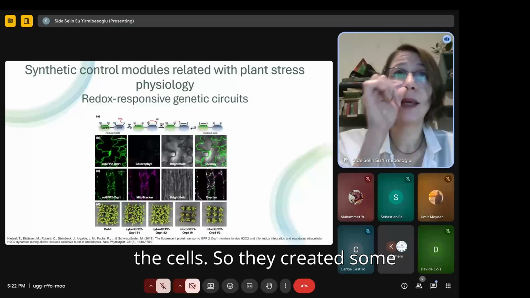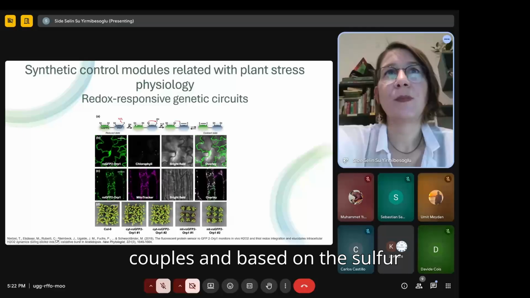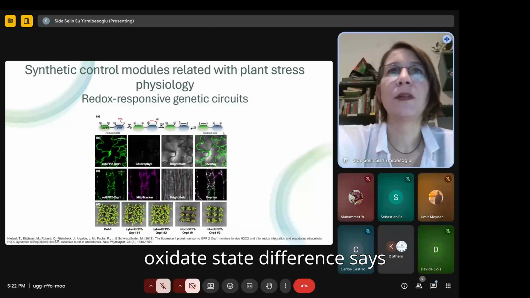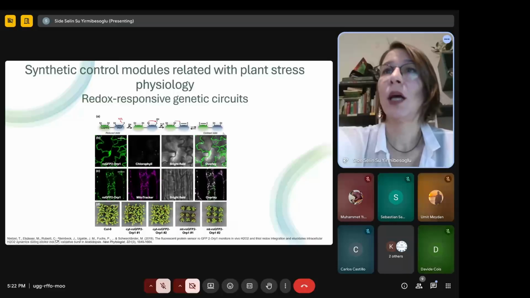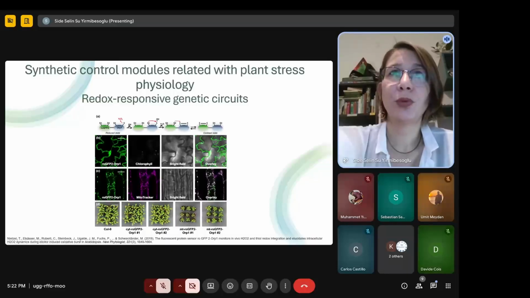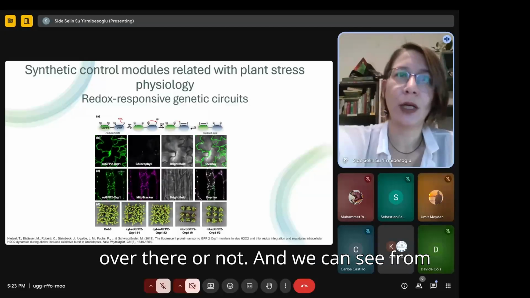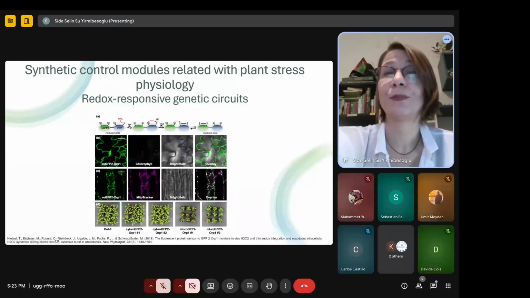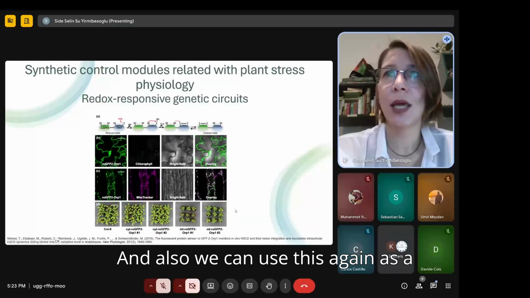So they created some kind of protein couples, and based on the sulfur groups there, the difference between the reduced and oxidized state says there's a redox difference and there's hydrogen peroxide production, which means there's stress there or not. And we can see that this production of oxidized state proteins is also related with the phenotype.